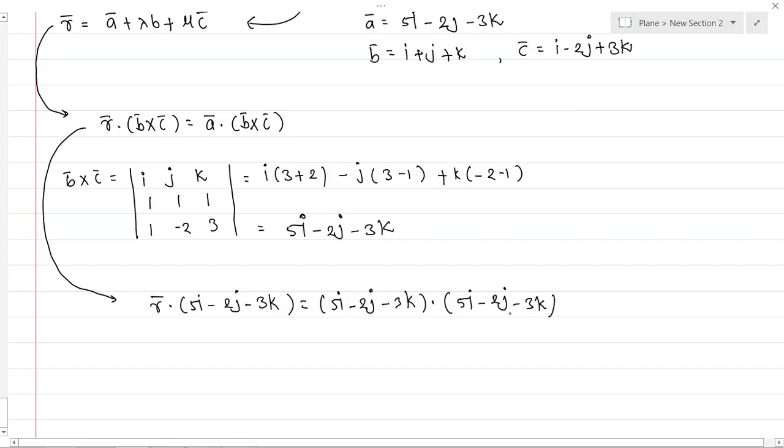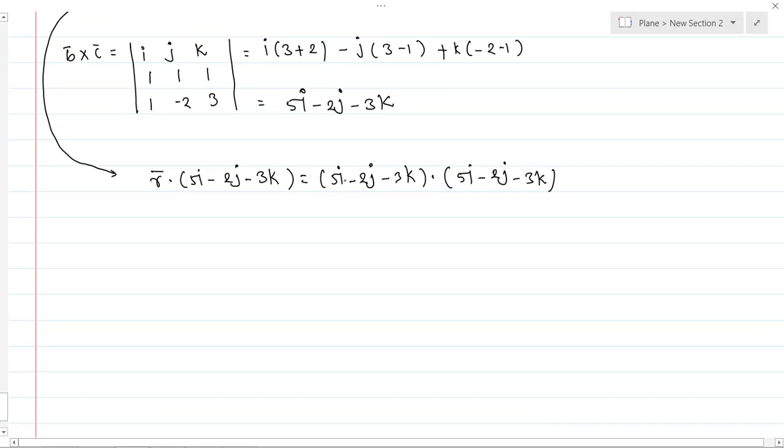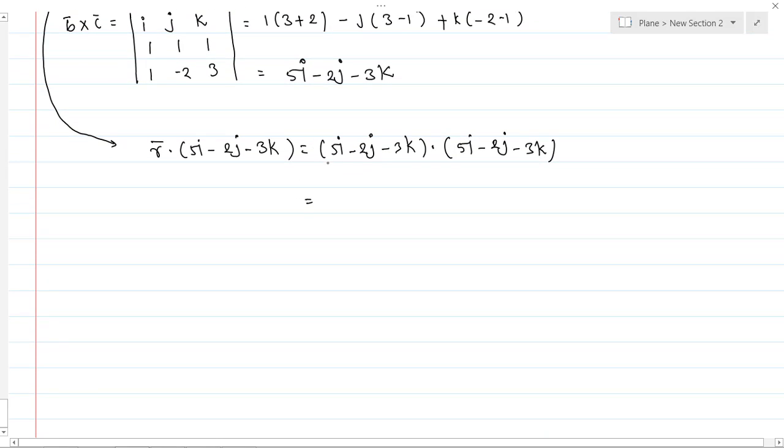Okay, let's solve this dot product, the RHS side. I'll have 5 into 5 is 25, 2 into 2 is 4, and 3 into 3 is 9. So 25 plus 4 plus 9 is 38. So this becomes the vector equation: r bar dot (5i minus 2j minus 3k) equals 38.